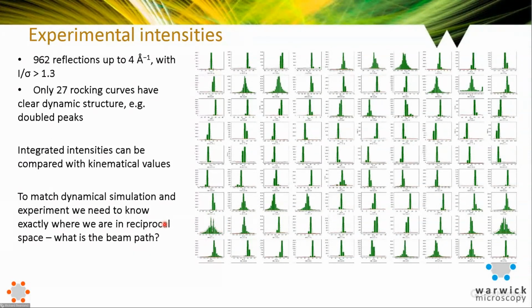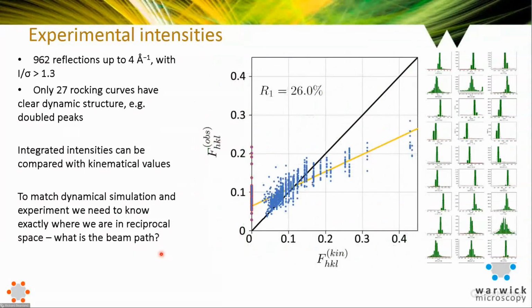So the question is really, how much difference does a dynamical simulation make? And how can we do that? Well, if we're going to do a dynamical simulation, we need to know exactly where we are in reciprocal space, because you saw from the previous work that exactly where you are can have a huge effect on the intensity of a diffracted beam. This is the initial kinematic fit, and you can see it's pretty bad.